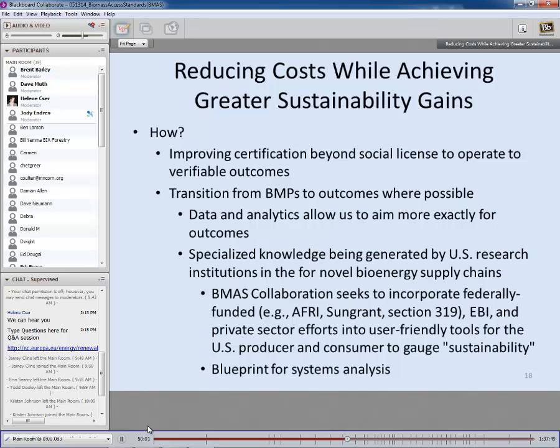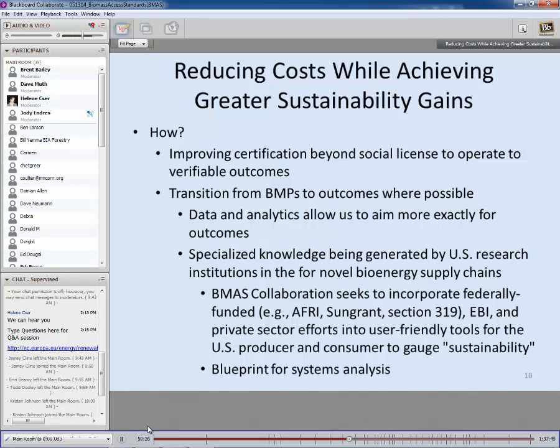And this is where we know that we are generating, through many of these awesome government-funded and private sector-funded research initiatives, the analytics. We've got tremendous sets of data, probably first in the world, in really allowing us to aim for those more exact outcomes. We're really capable of that if we can put these pieces together.